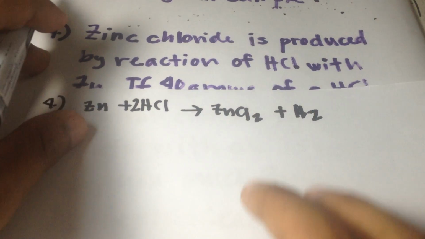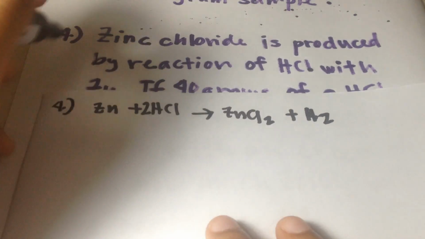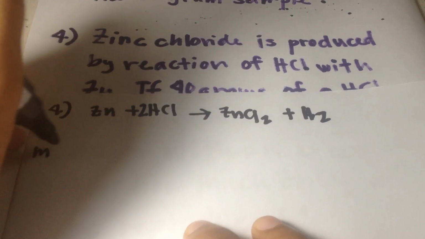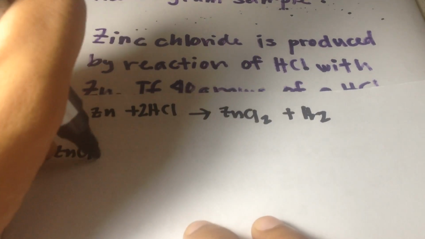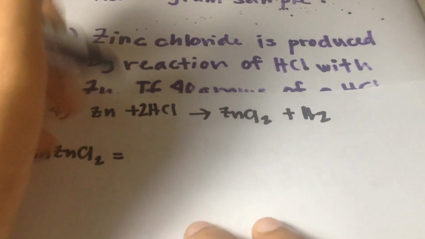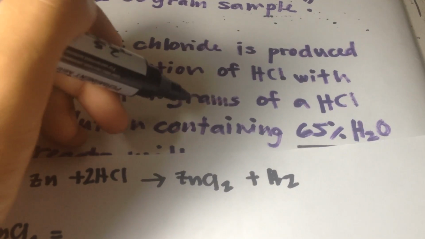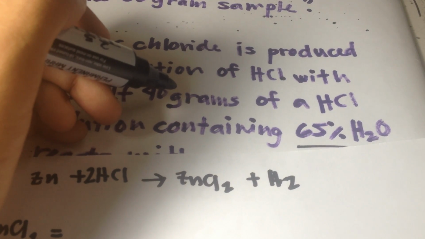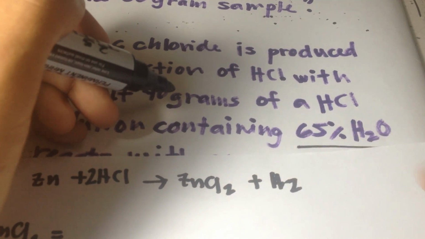So mass of zinc chloride is equal to, they have 40 grams of HCl. Okay, 40 grams of HCl.